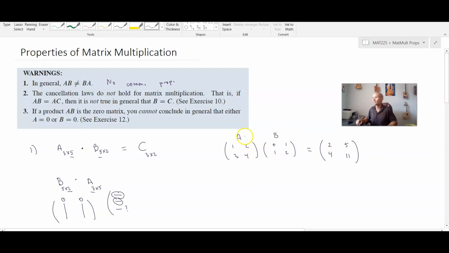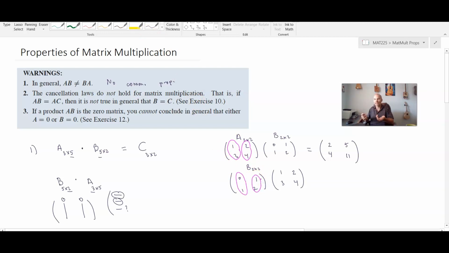Now in this case, since they're both 2 by 2, reversing their order is not going to make the product impossible. But let's see what happens. Now we're scaling different columns. And that's really the key here. Here we were scaling the columns 1, 3, and 2, 4. But here we're scaling the columns 0, 1, and 1, 2.